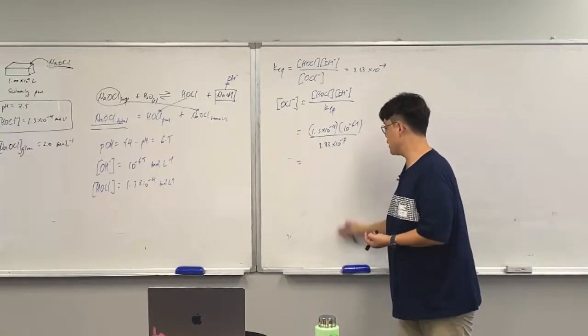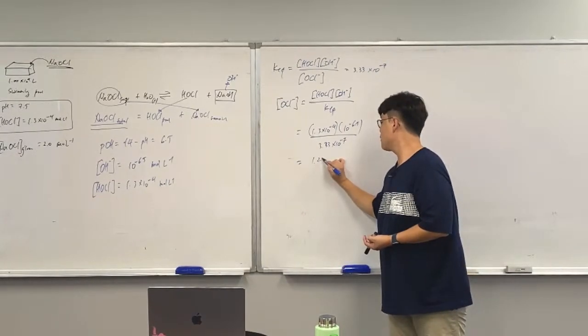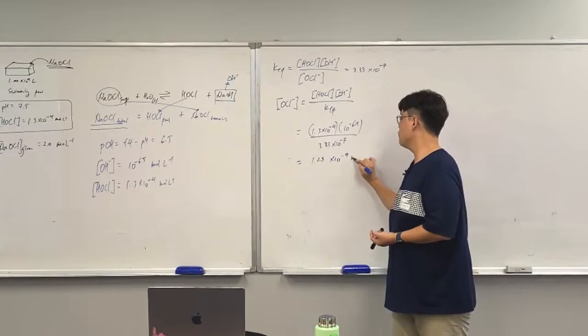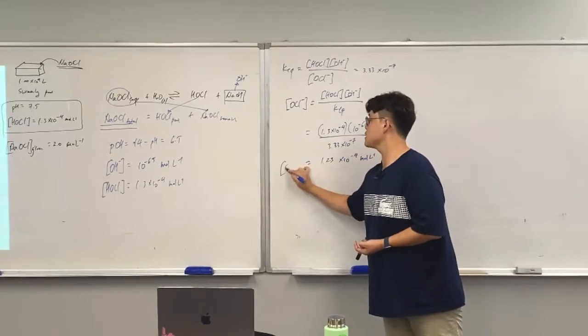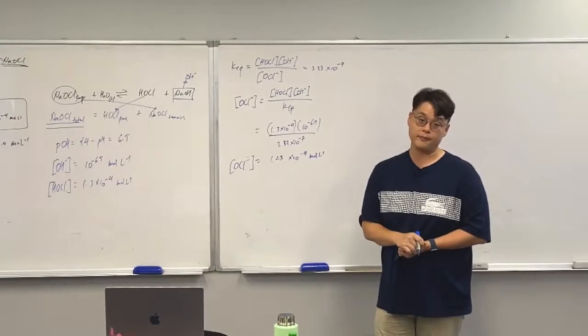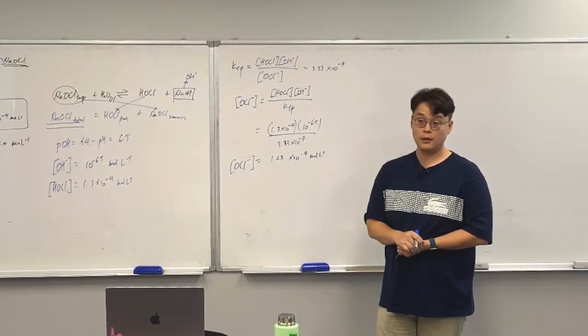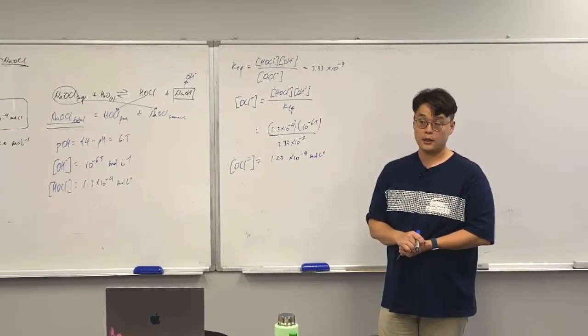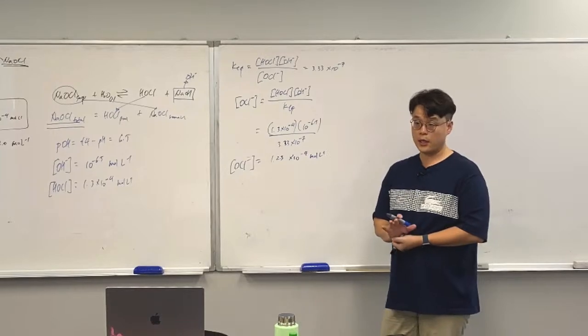Okay, let me just write it again. 1.23 times 10 to the power minus 4 mole per liter. That's the concentration of the OCl minus at equilibrium. Okay, everyone okay up to this stage?